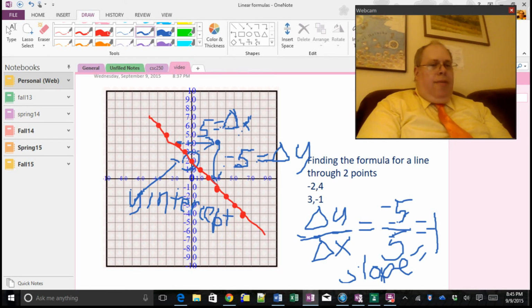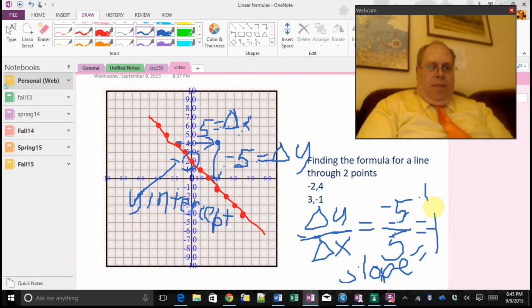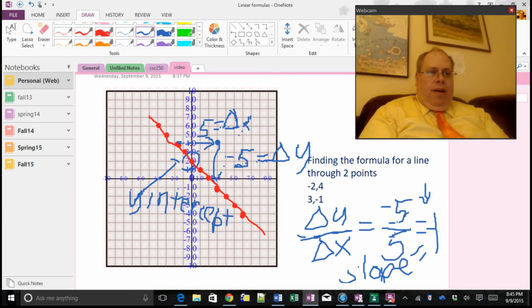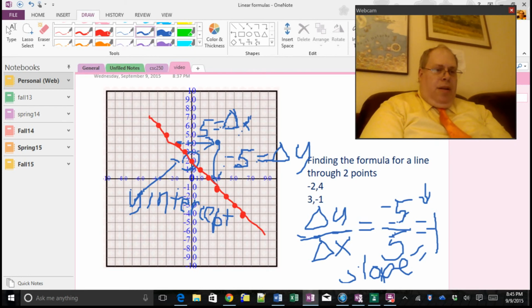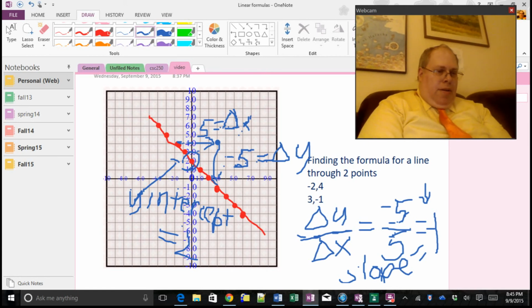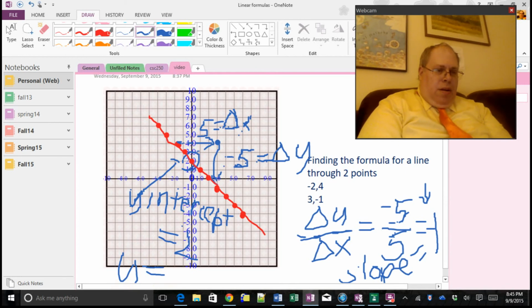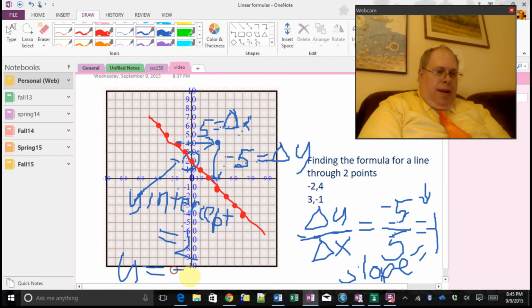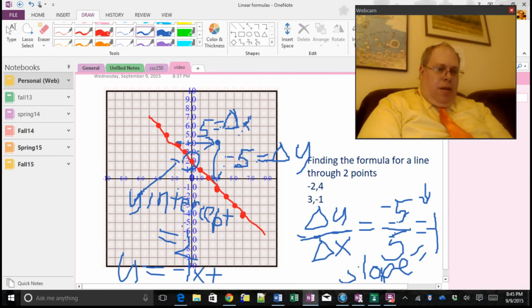And the idea of that is once I know the slope is -1 and the y-intercept is 2, I know the formula for the line, which is y equals -1x plus 2.